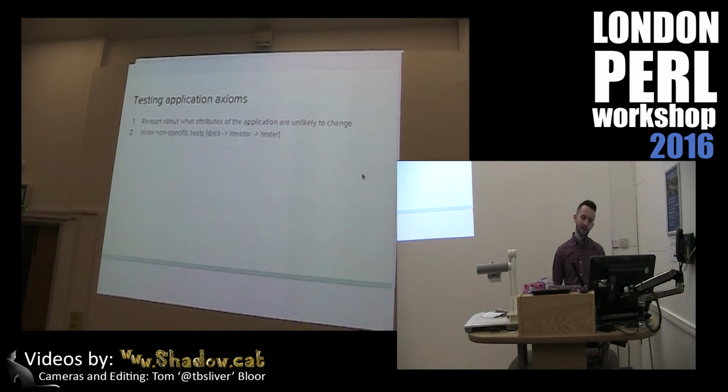And then the second thing to do is to write a non-specific test for that attribute. And so you have your data, an iterator, and some kind of test. And that's it. It's really simple. And that's all I got.